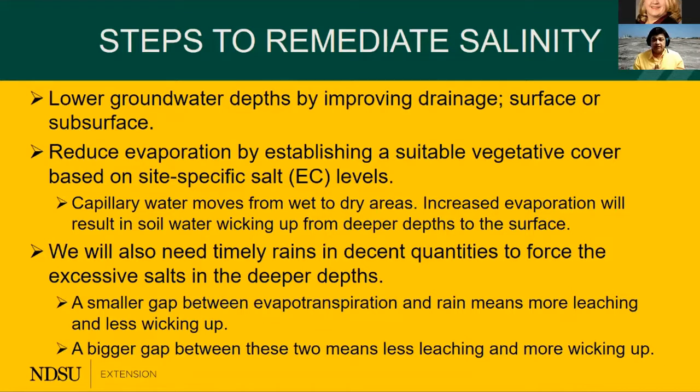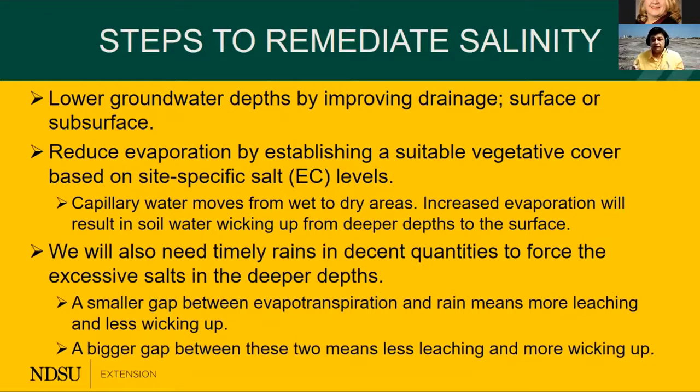And what I mean by that is not just the quantity, but the timing as well. So for example, if we got 2 inches of rainfall in 2 hours, most of the water is going to run off. It's not going to go into the soil to leach those salts into the deeper depths. But if our soils are dry, and if you got 100 or 200, that's not going to move the salts either.